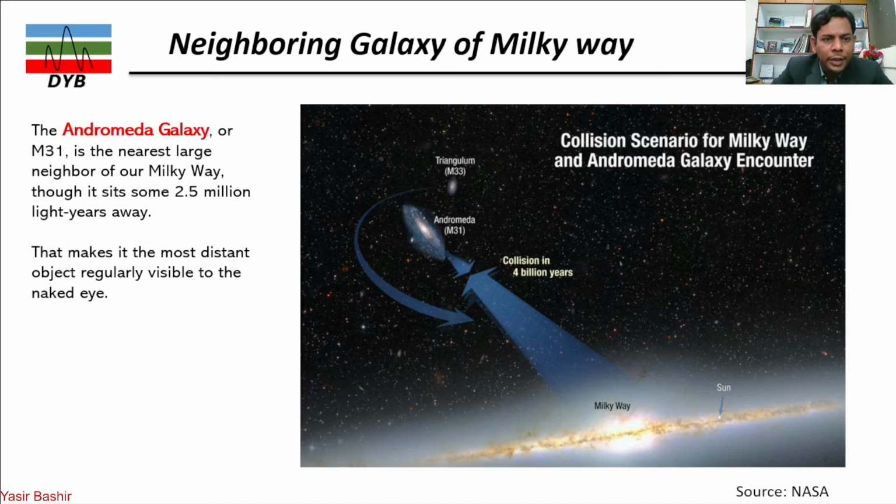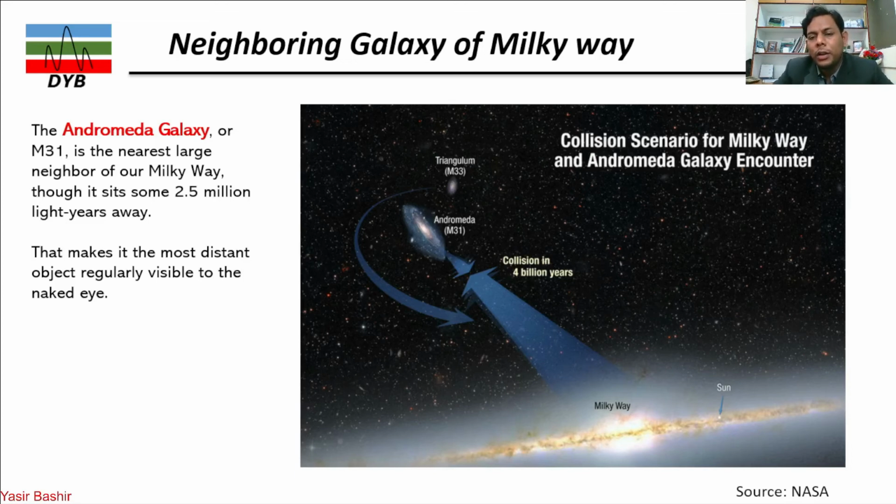So it is still quite far, and that makes it the most distant object regularly visible to the naked eye. We are here in the Milky Way, and Andromeda is here. So this is the nearest one.